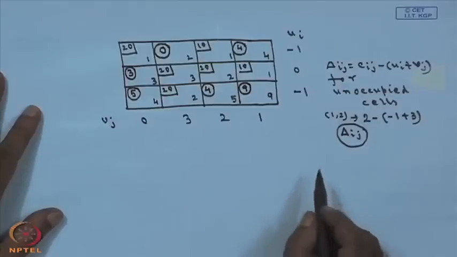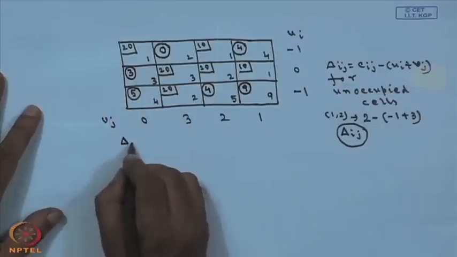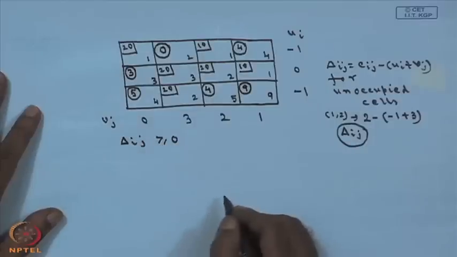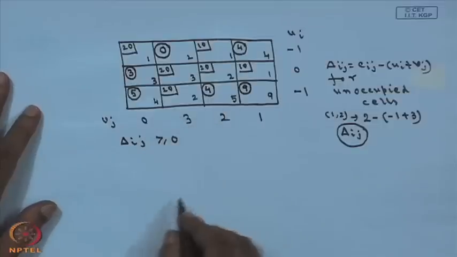So, if you see here, the delta ij for unoccupied cells all are greater than or equal to 0. So, what we have told? If delta ij is greater than or equal to 0, then the solution, the initial basic feasible solution whatever we have obtained, is the optimal solution.